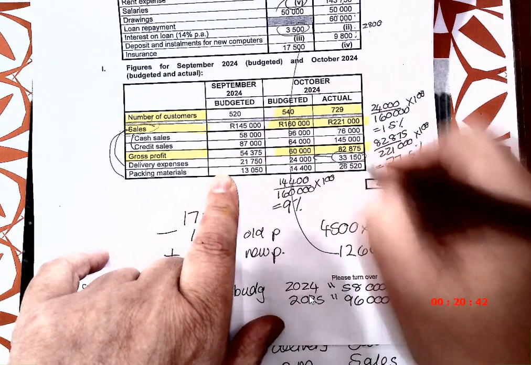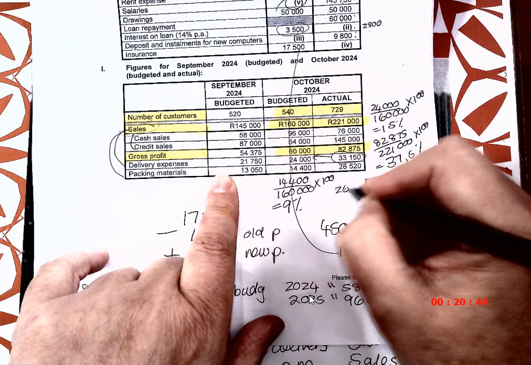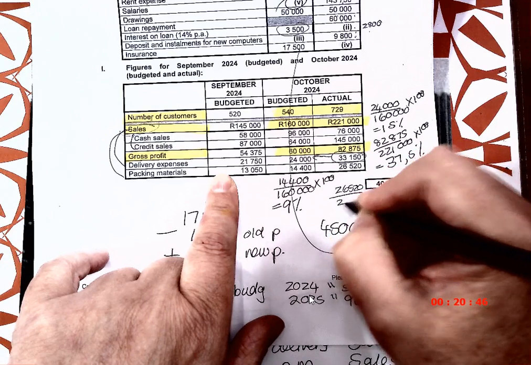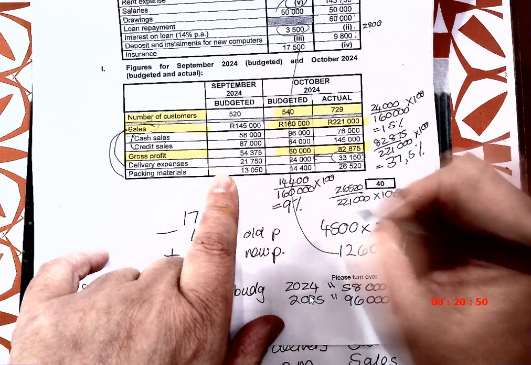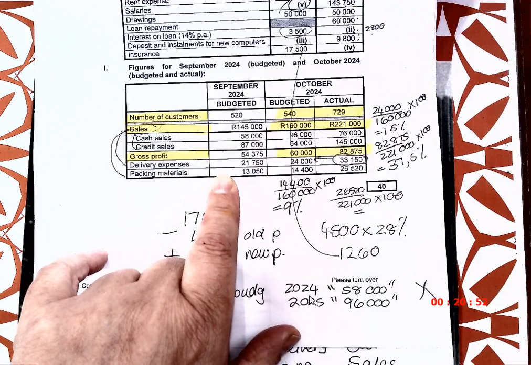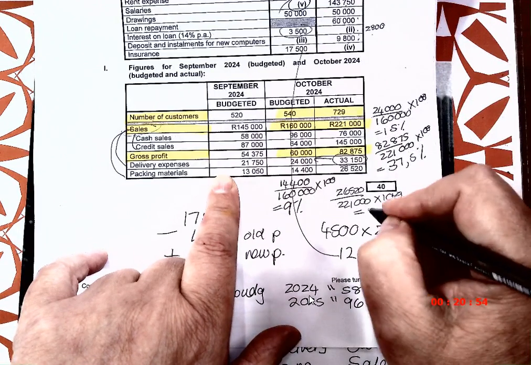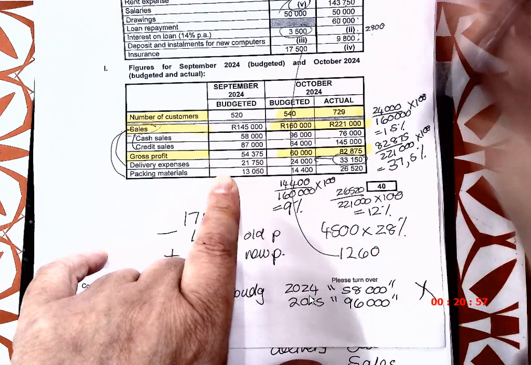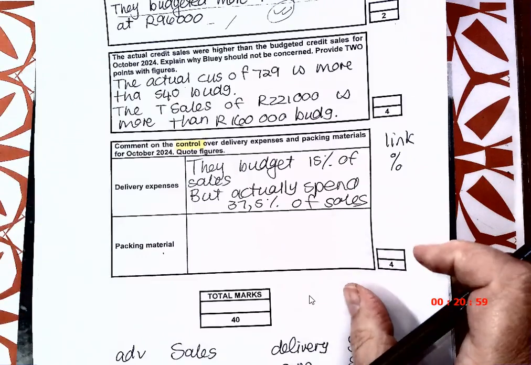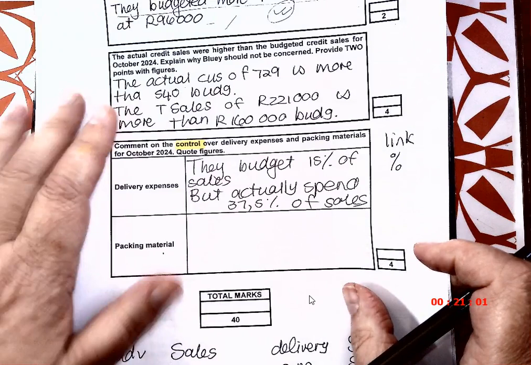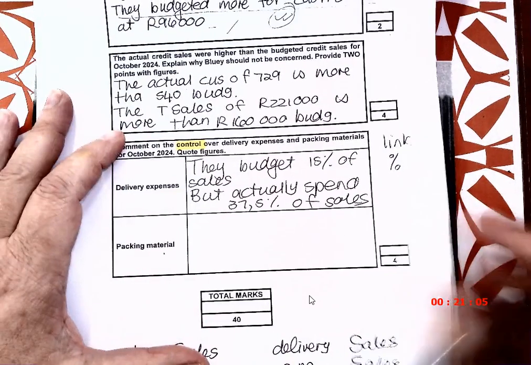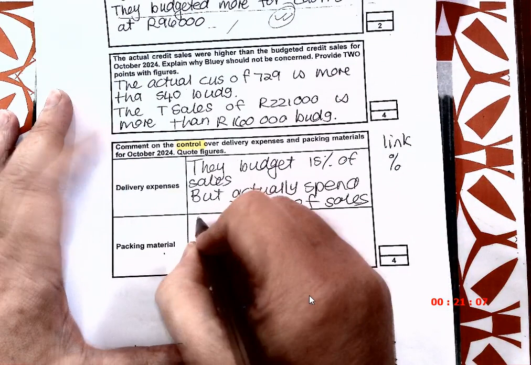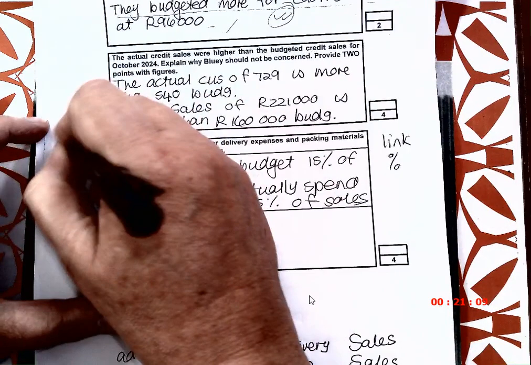Now 26,520 over 221 times 100 gives me 12. So again, it's the same story. Remember, control is budgeted versus actual.